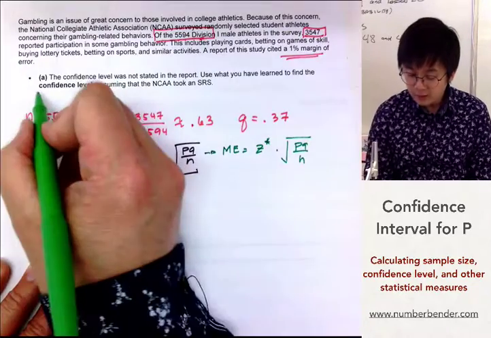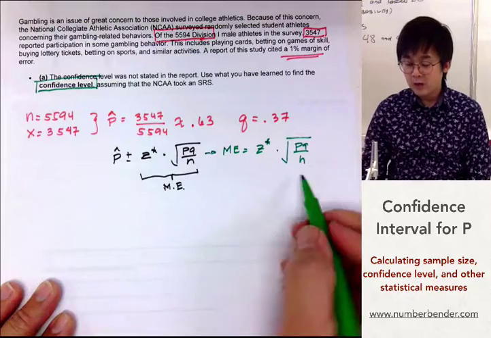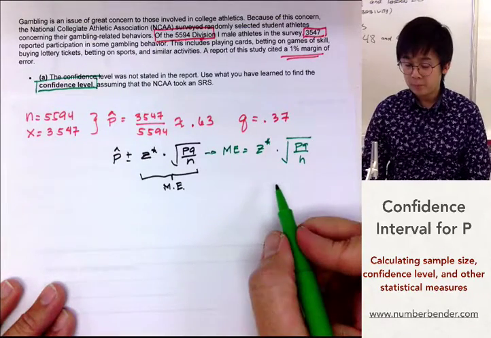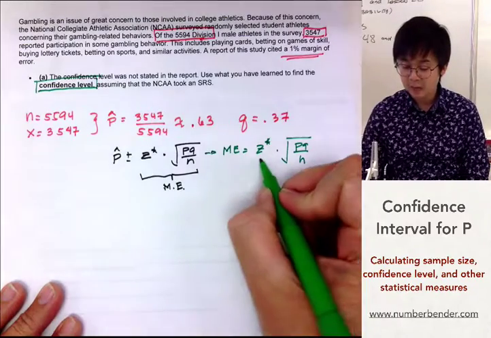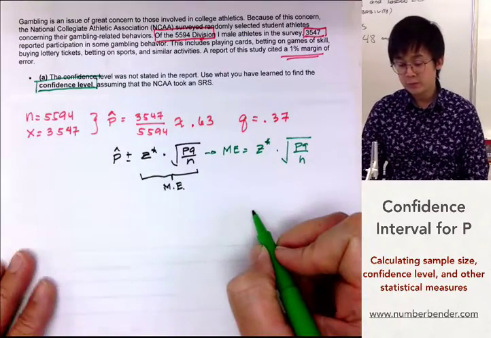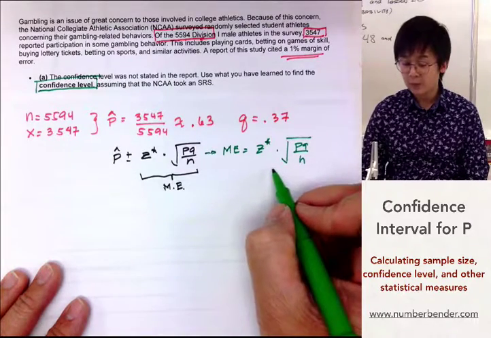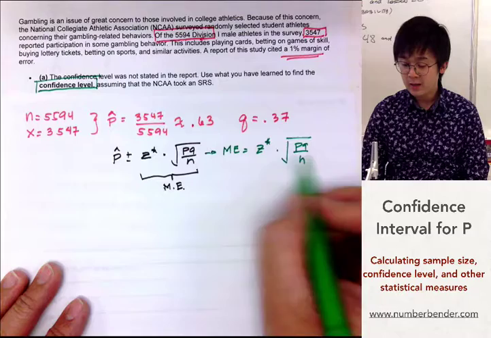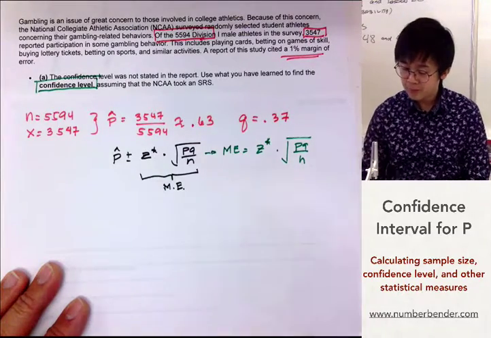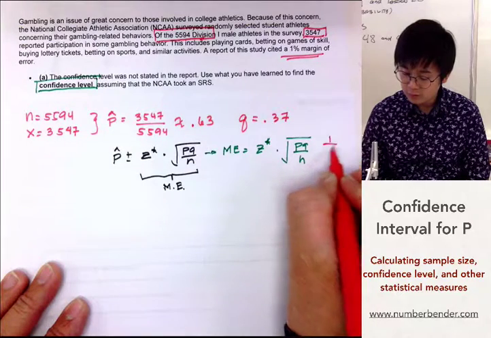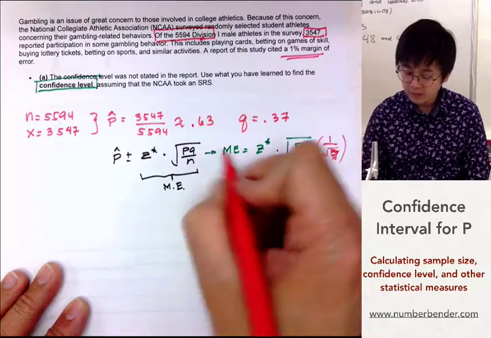Since we are working on finding the confidence level, obviously confidence level is not in our formula, but the value that is associated with the confidence level is our Z star. So to derive the formula using this set of formula that we have, we're going to isolate Z star and get rid of square root of PQ all over N. So using algebra, we'll just divide 1 over square root of PQ all over N on both sides.